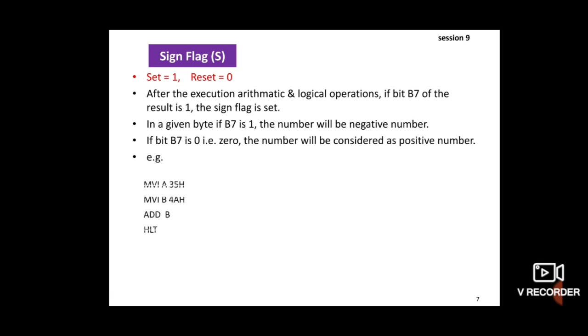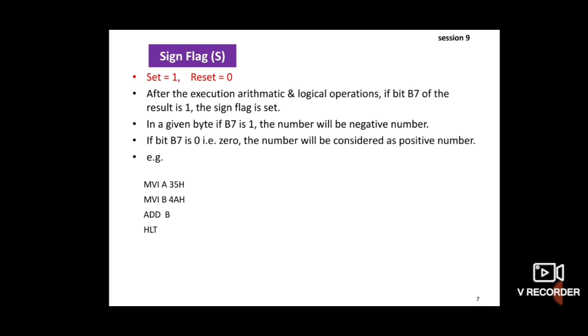Now see the example. MVI A 35H, MVI B 4AH, ADD B and HLT. Here the accumulator and B register are used. In the first instruction, MVI A 35H means 35 is stored in the accumulator.